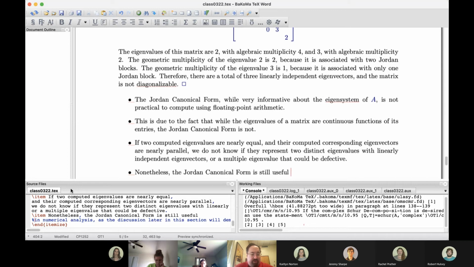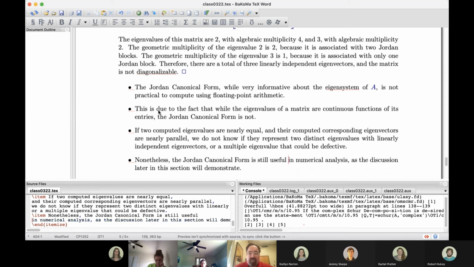Now that doesn't mean Jordan form is useless. What I mean by that is perturbation theory, which actually, am I covering that? Let me check. Oh yes, I do spend some time on that on Wednesday.